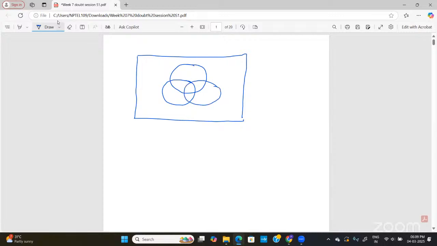Suppose this is the circle for dancing, this is for acting, and this is for singing. Now, let's see what information is given to us.